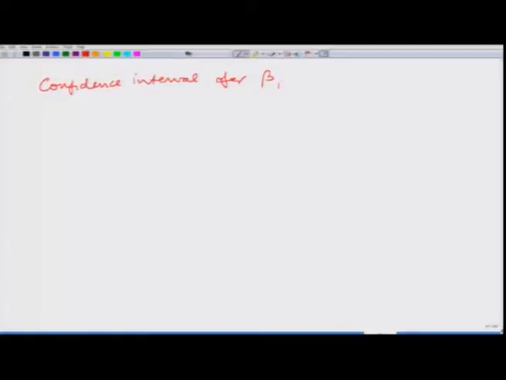In the case of confidence interval estimation, the 100 times 1 minus alpha percent confidence interval for beta 1 is found in such a way that the probability that Lx is less than or equal to beta 1 less than or equal to Ux is equal to 1 minus alpha.